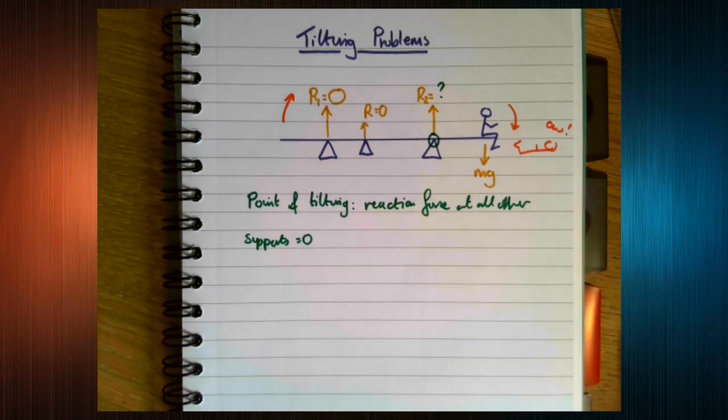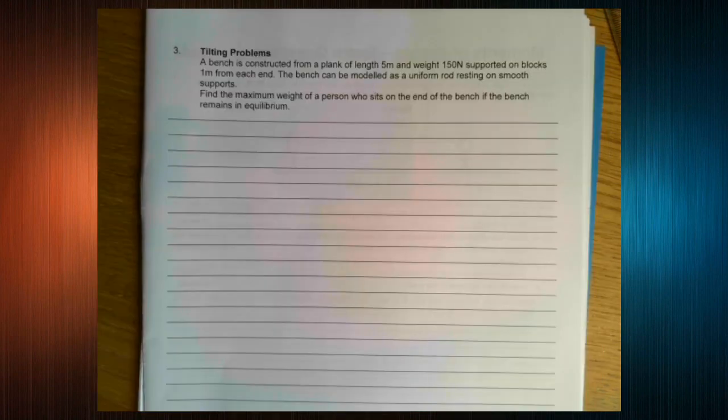So what we're going to do is look at example 3, which is on page 2 of the workbook. Okay, so this is the example we're working through. A bench is constructed from a plank of length 5 meters and weight 150 newtons, supported on blocks 1 meter from each end.